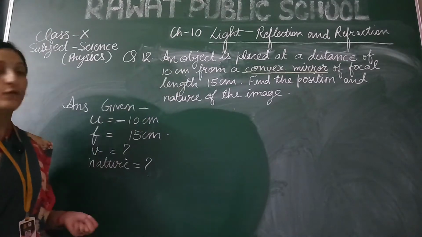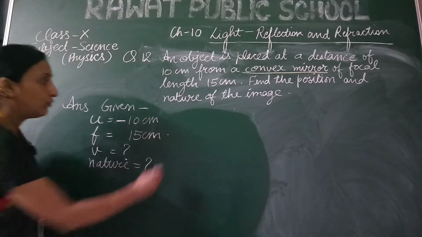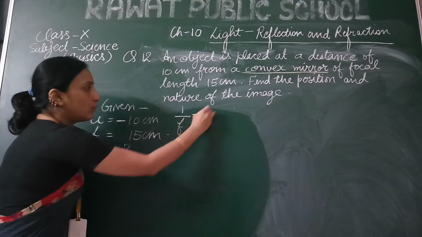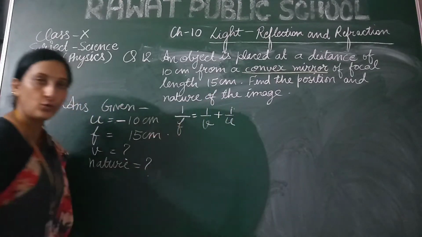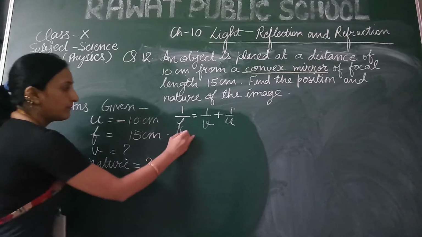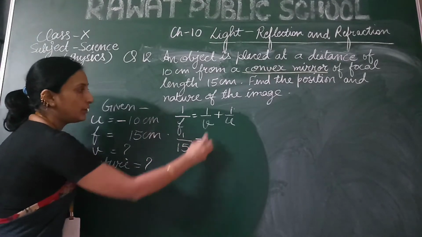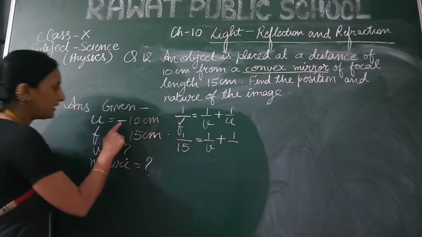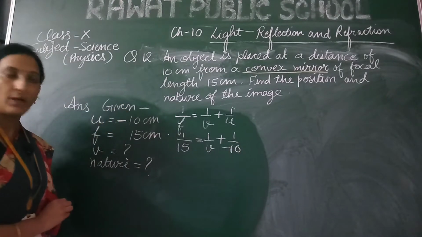Because this is a convex mirror, we have to put the mirror formula. What is the mirror formula? That is 1 upon F is equal to 1 upon V plus 1 upon U. Put the values. 1 upon 15 is equal to 1 upon V plus 1 upon minus 10. Put the minus 1 upon 10.